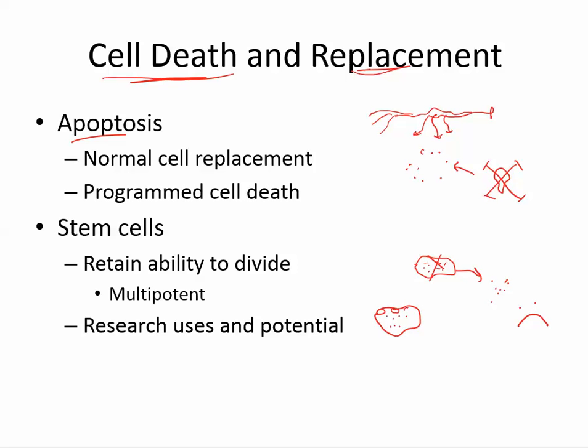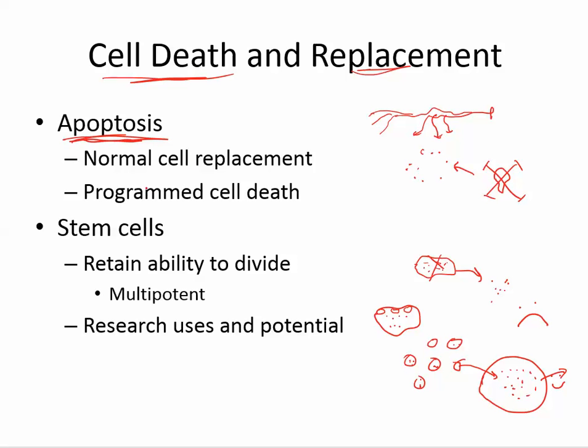It'll separate and turn into particles and contain all that stuff. Then that can be broken up by peroxisomes or macrophages. Something will come in and detoxify all of that stuff, turn it into something harmless, and then release it. So that's what apoptosis is.